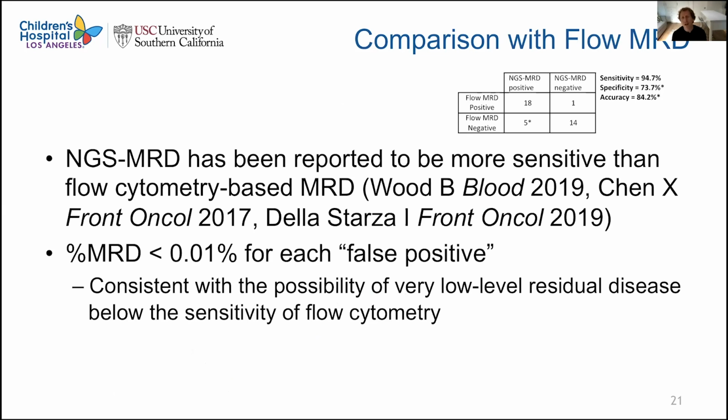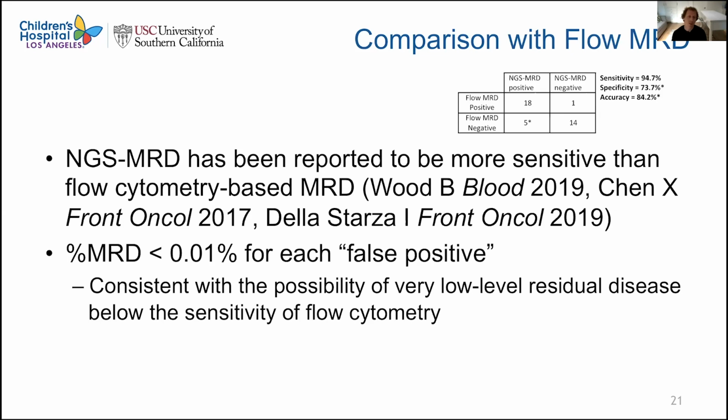So now coming back to those 5 potentially false positive NGS MRD samples. It's been reported that NGS might be more sensitive than flow cytometry based MRD. And we noted that these 5 had a percent MRD estimate that was less than 0.01%, which is below our stated flow cytometry sensitivity.